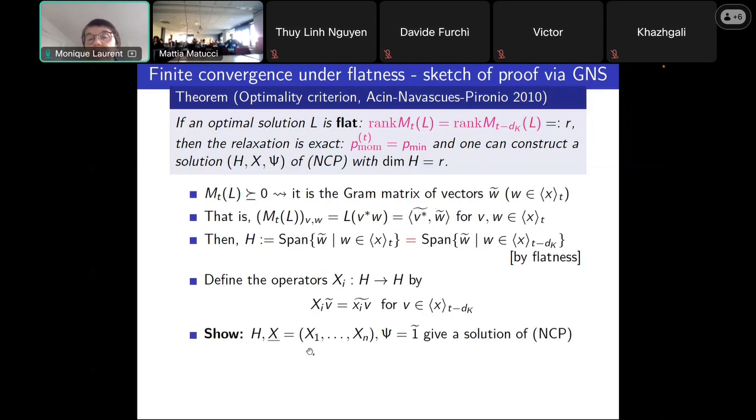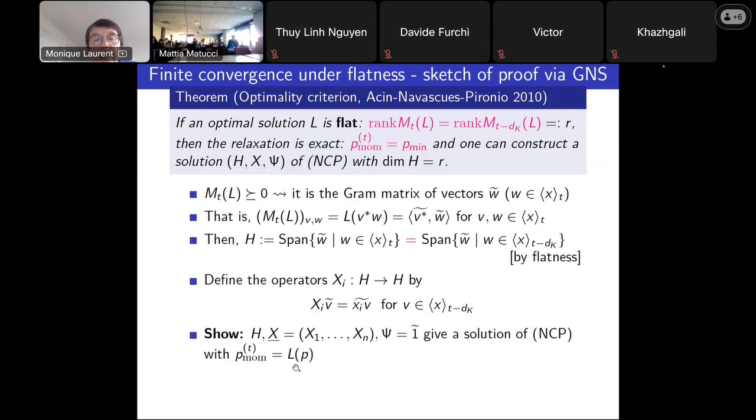And this is where you use this flatness condition up to this minus dk, which was the highest degree of the constraints. But this can be done. So in this way, we get a solution to the original optimization problem.